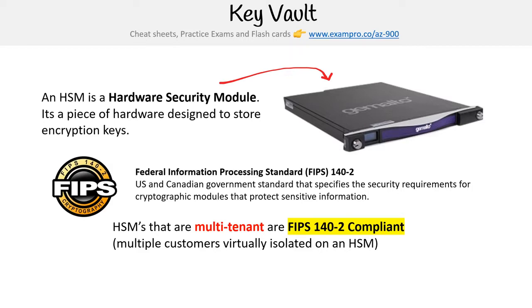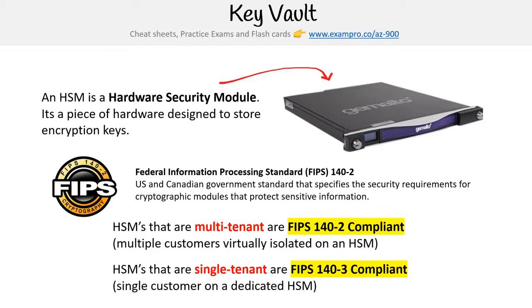Multi-tenant meaning that there's more than one customer that is using that piece of hardware, but they're virtually isolated from each other. And then if you have a single tenant HSM, they're generally going to be FIPS 140-3 compliant. So a single customer on a dedicated HSM. It's better to be FIPS 140-3 compliant, but FIPS 140-2 is pretty good for most people. So there you go.